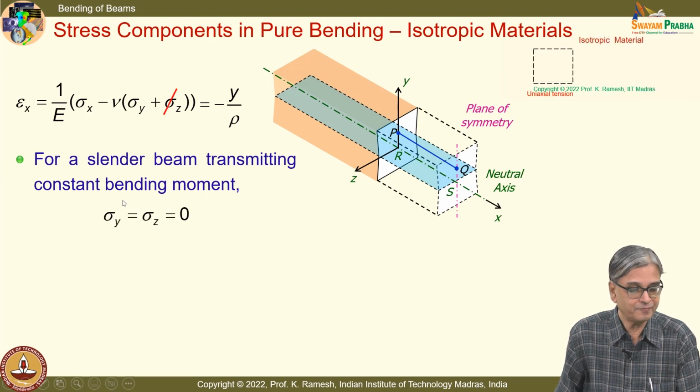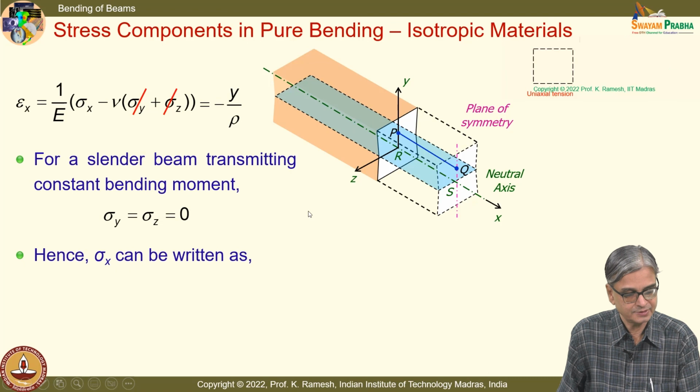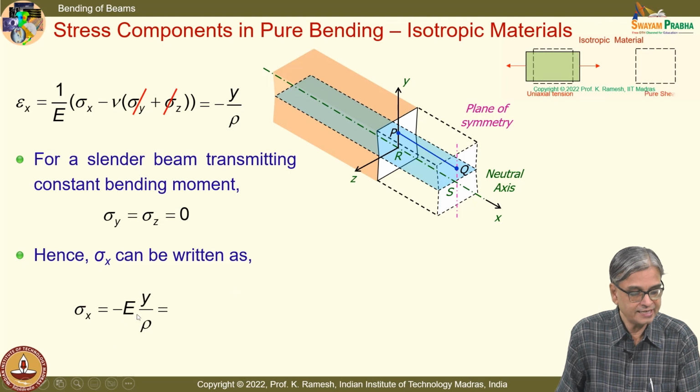and when you work very far away from the actual loading, I can have the assumption sigma y equal to sigma z equal to 0, and sigma x can now be written as minus E times y by rho.